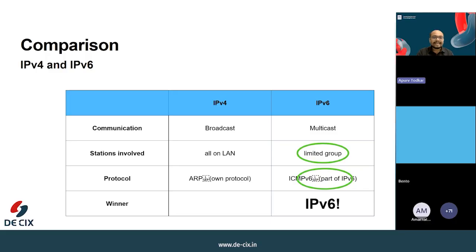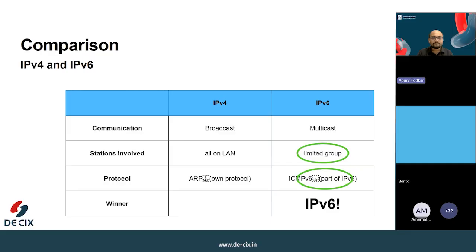Okay, so looking at the stations involved in IPv4, we see that all the stations receive the ARP request all the time, even if they don't intend to, because it uses broadcast. But in IPv6, only a limited group receives the packet, often just one station, the one that is actually being looked up for its Ethernet address.